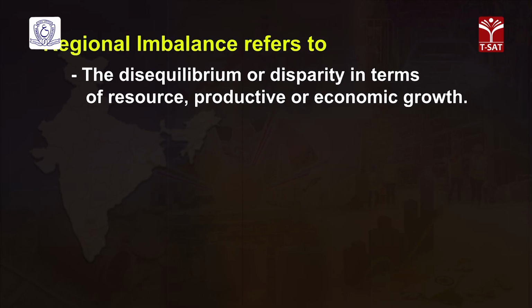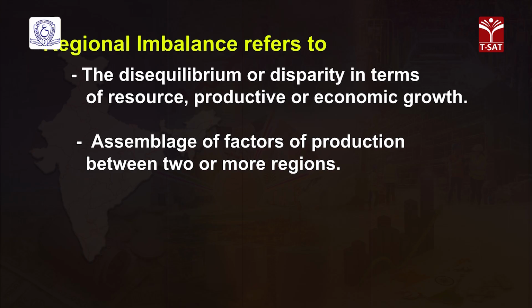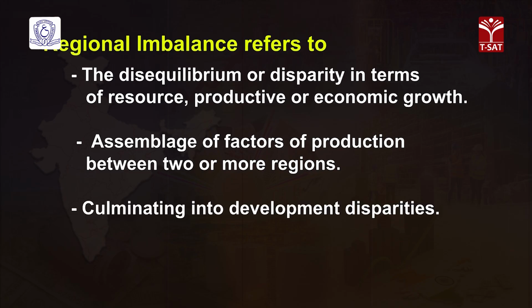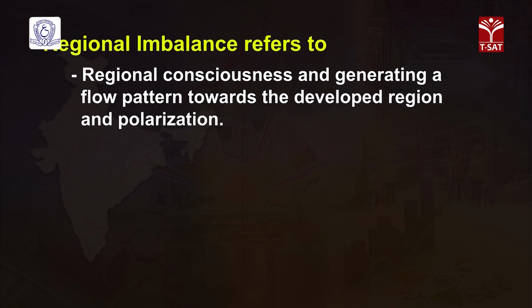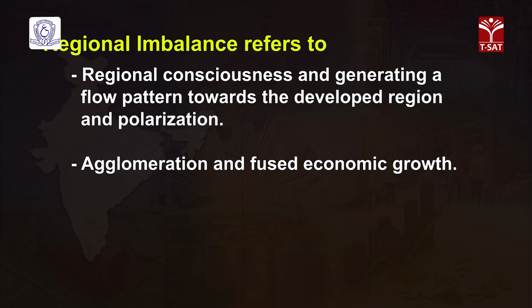Thus, regional imbalance refers to disequilibrium or disparity in terms of resources, productive or economic growth, and assemblage of factors of production between two or more regions, culminating in development disparities, regional consciousness and generating a flow pattern towards the developed region, and polarization, agglomeration and fused economic growth.